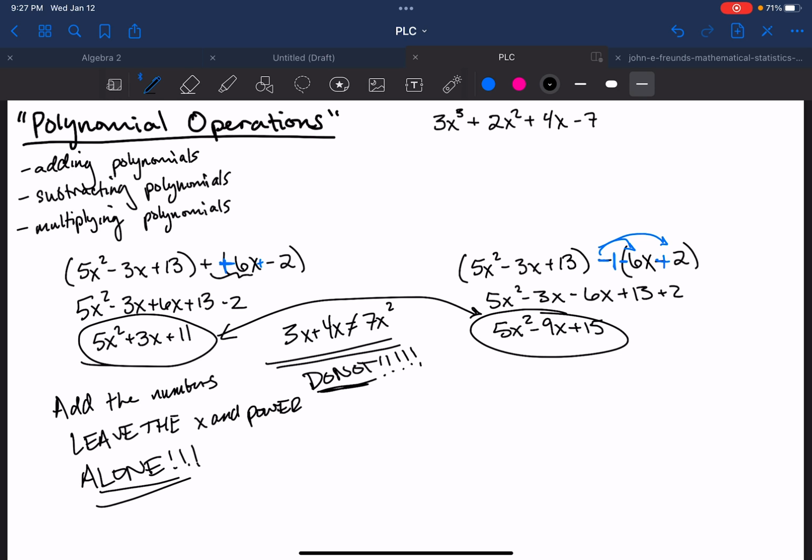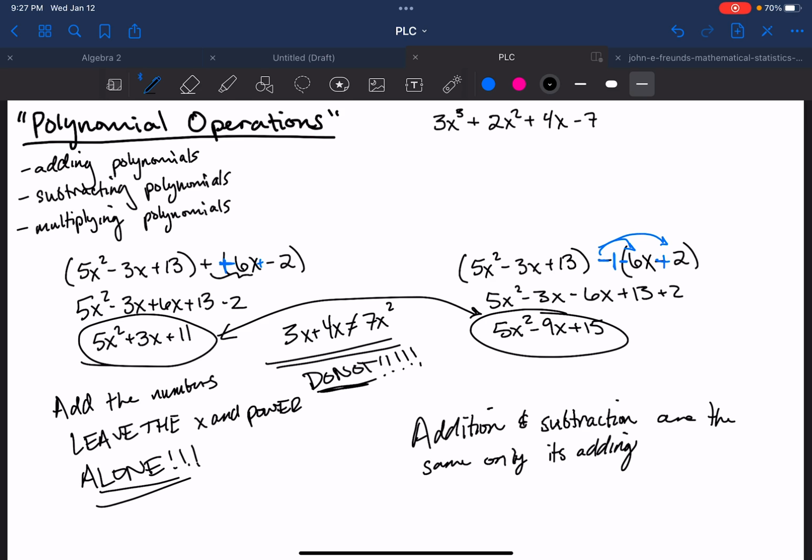But for the most part, it's very similar because addition and subtraction are the same, only it's adding and subtracting, so adding negative numbers if you're talking about subtraction. So they're very similar. Where it's different is when we talk about multiplication.